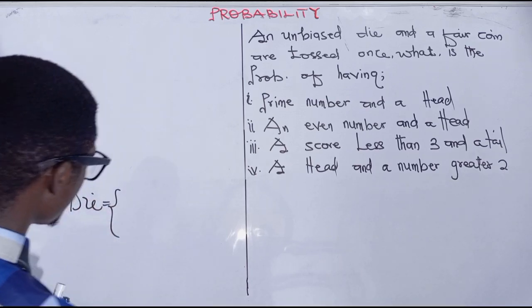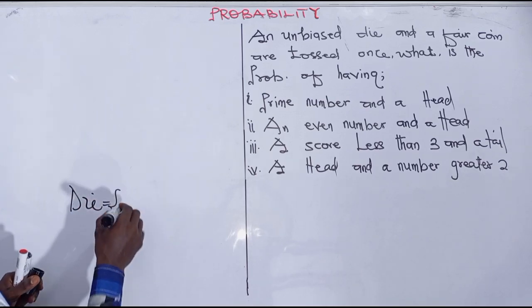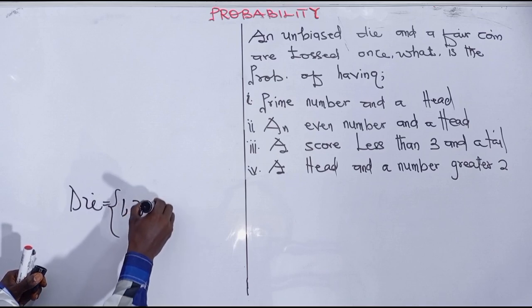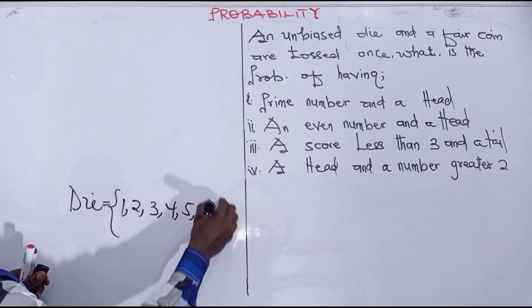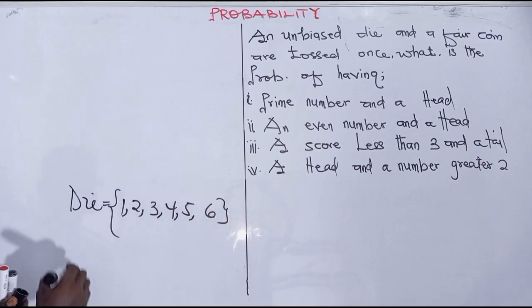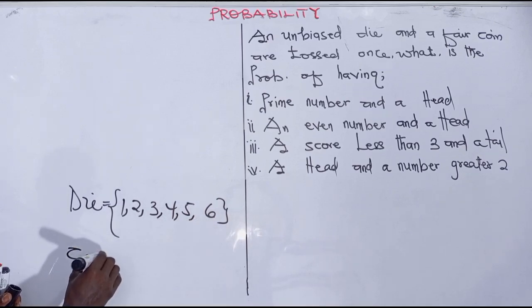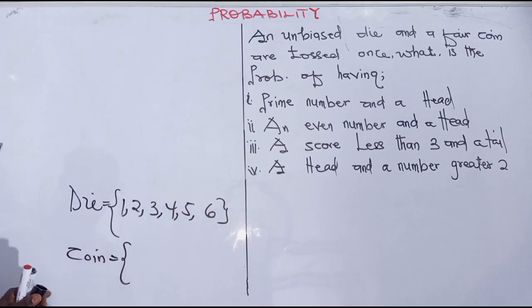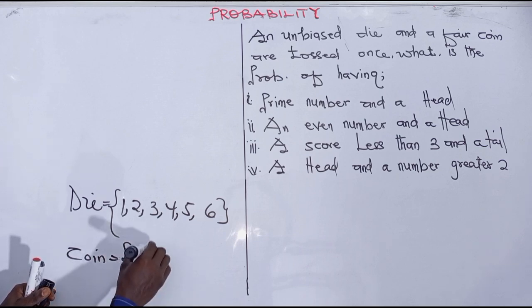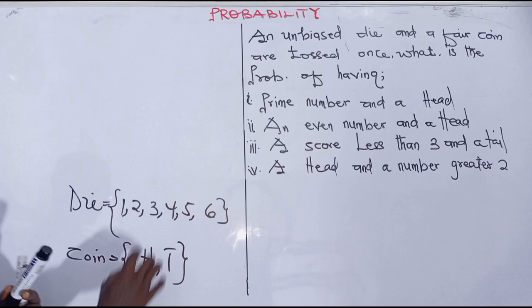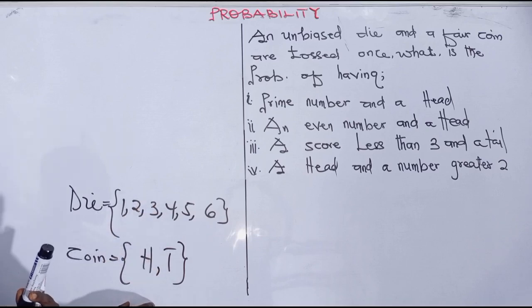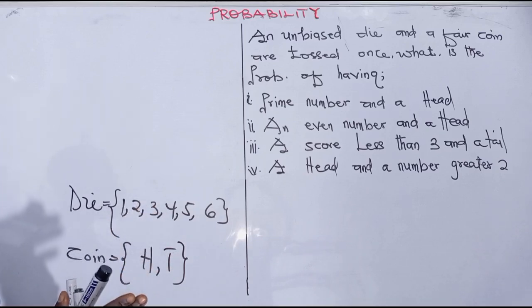When we toss a die, we are either going to get the number 1, 2, 3, 4, 5, or 6. Also, when we toss a coin once, we are either going to get a head or a tail. So when you combine these two experiments together, we get the compound experiment.